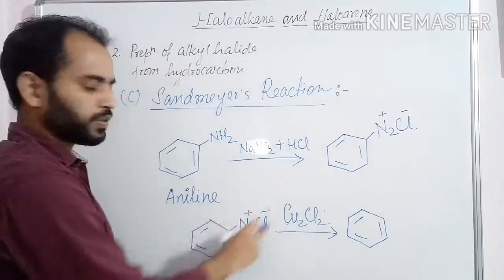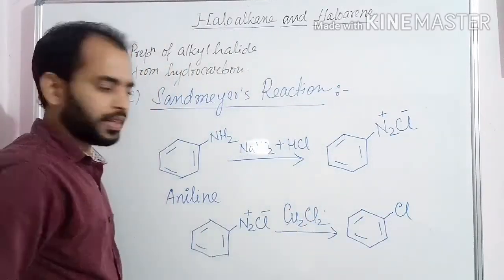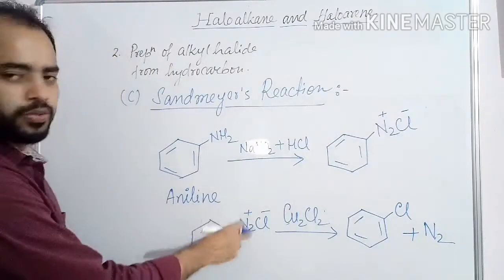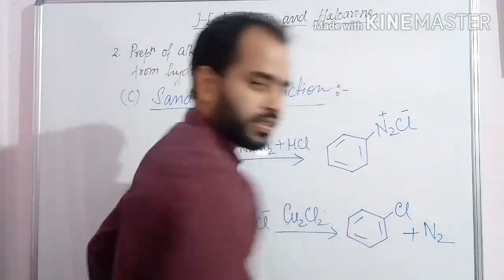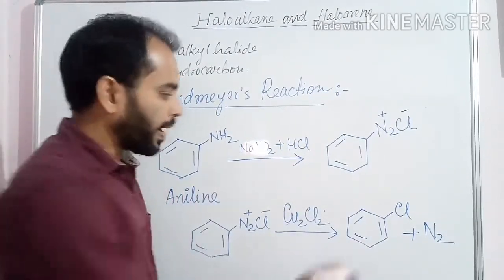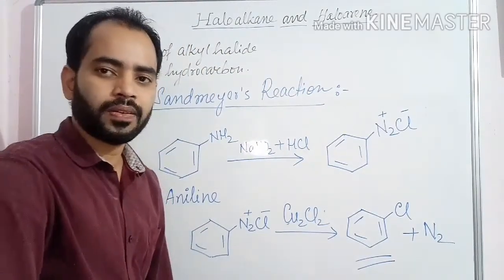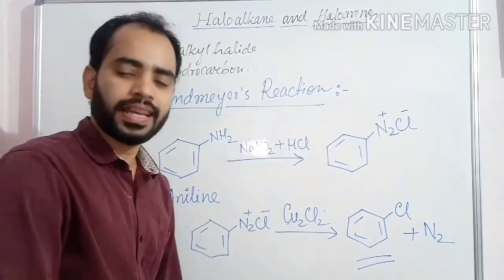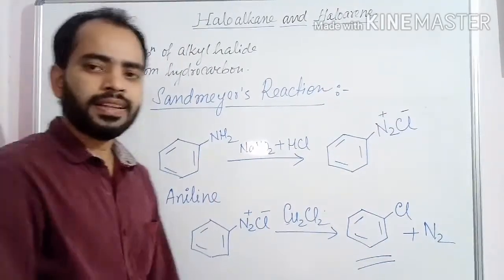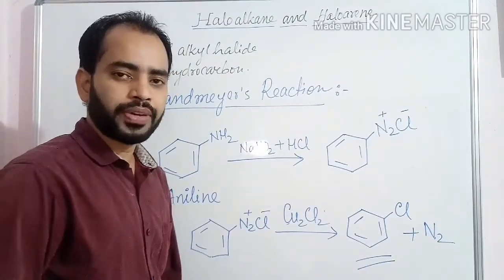That means N2Cl is replaced by one Cl coming from Cu2Cl2, with the release of nitrogen N2, and CuCl is removed as side product. So by this we can prepare chlorobenzene or aryl halide. This method is called Sandmeyer's reaction. Hope it is clear to everyone.